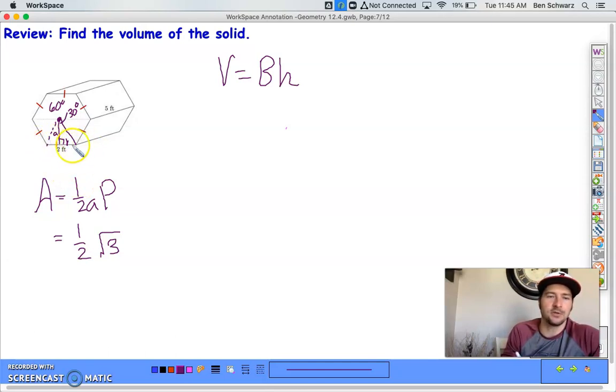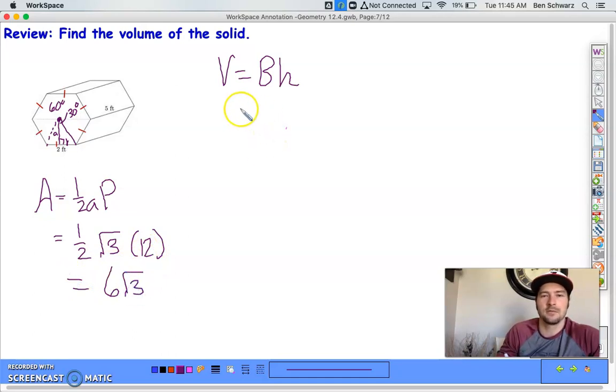Each side is 2. So 2 times the 6 sides would give us a total of 12. Half of 12 is 6. So 6 root 3 would be the area of our base. And then the height of the prism is 5.